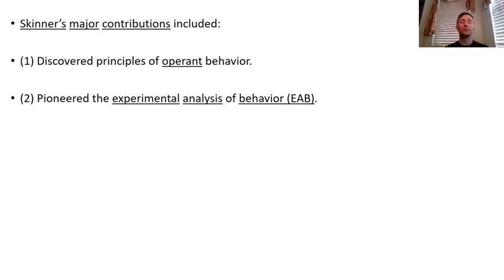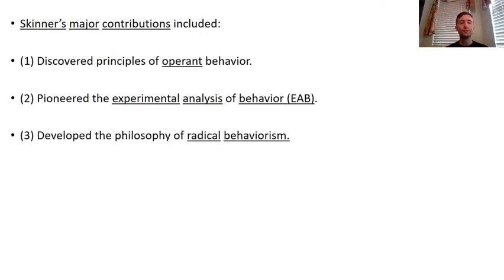You can break behavior analysis up into EAB, applied behavior analysis research, applied behavior analysis practice or service delivery, and the conceptual analysis of behavior. We'll talk about those towards the tail end of this course. But for now, just know that he pioneered the experimental analysis of behavior, and the purpose of the experimental analysis of behavior was to identify and characterize those fundamental principles or natural laws governing operant behavior.